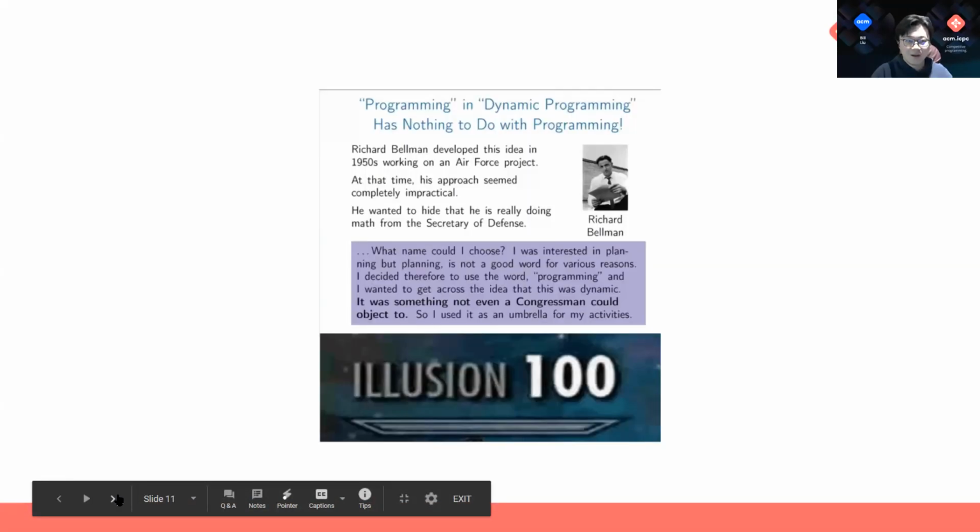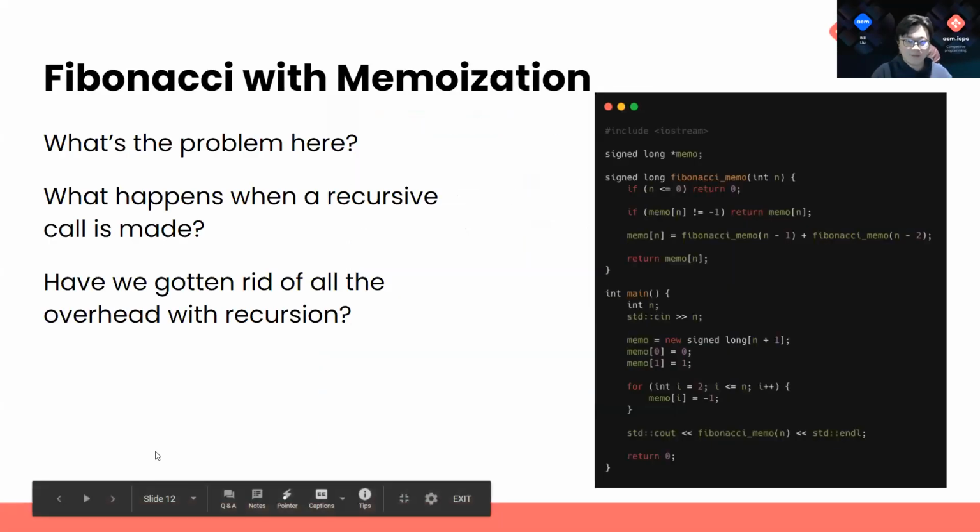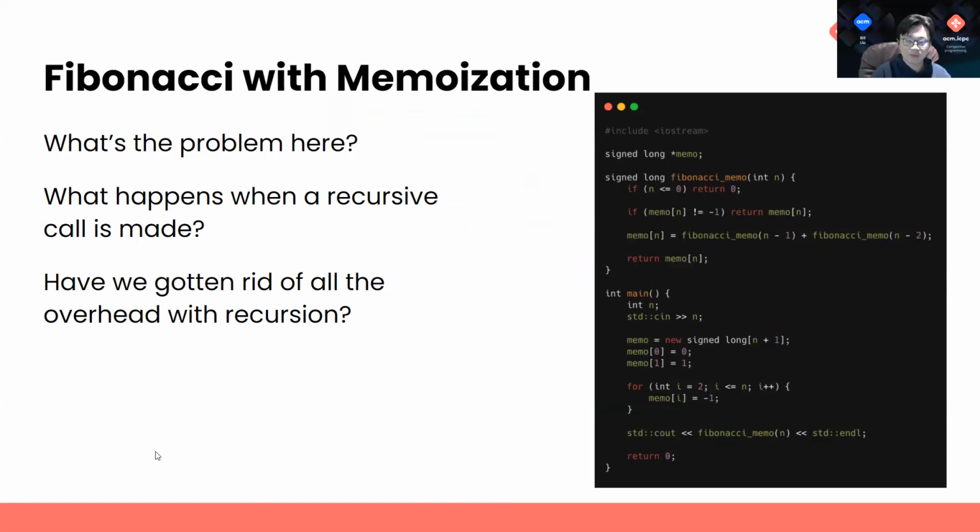Now, we have our Fibonacci code with memoization. So what have we done here? We have an array that's static and global, outside of our function, where we actively keep track of the previous Fibonacci numbers that we've calculated.